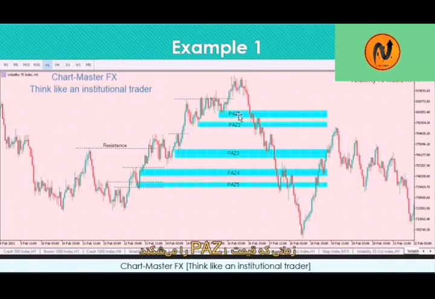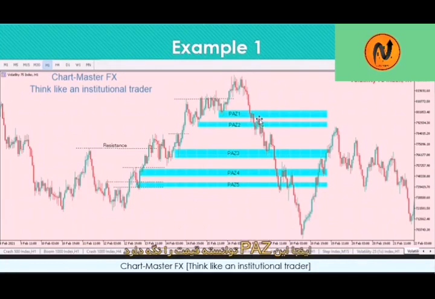Once this price action zone is broken, what the price is telling you is that it is coming for price action zone 2. Once you see the break of this, it means the price is more likely to break the next one. This is how the concept works.